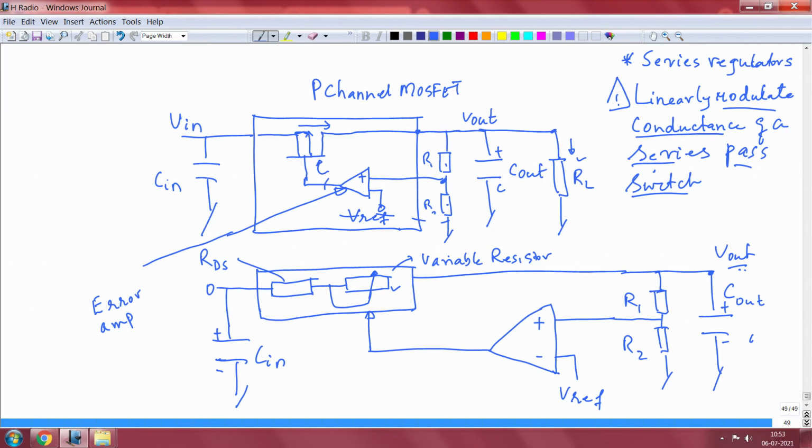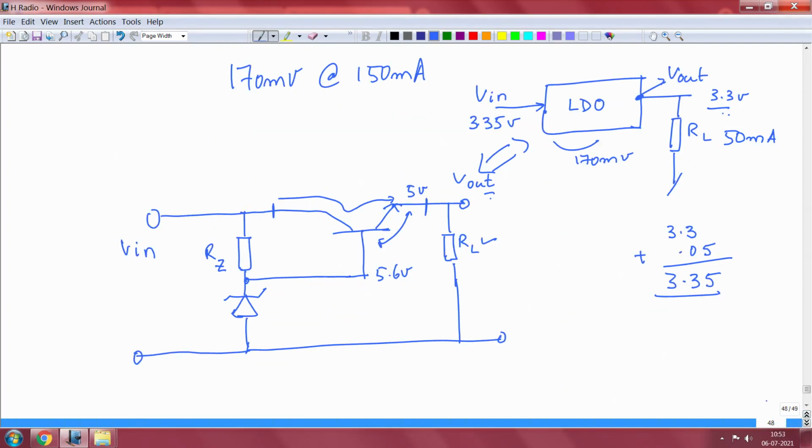Therefore, you can feed extremely small input voltages and get the difference between input and output to be extremely low, because the RDS on and the variable resistor through which you control the gate allow you to dissipate almost nothing across the LDO. Folks, that is all there is to an LDO, nothing else.